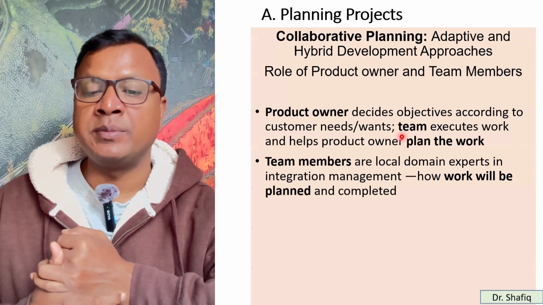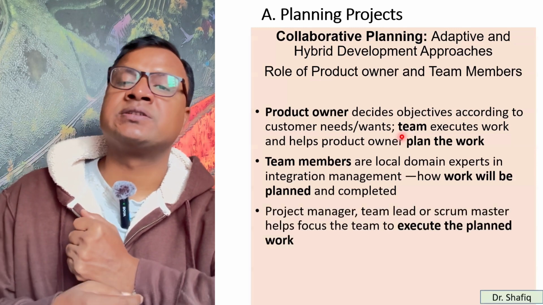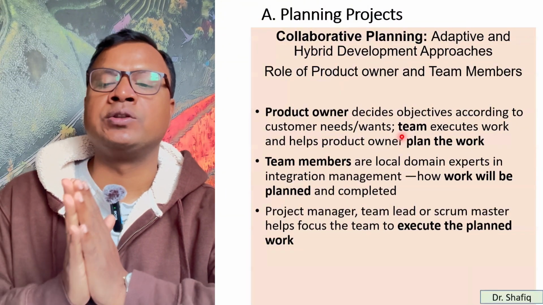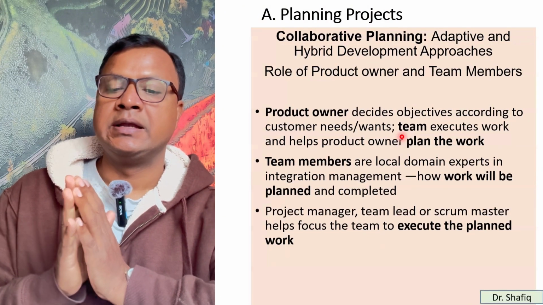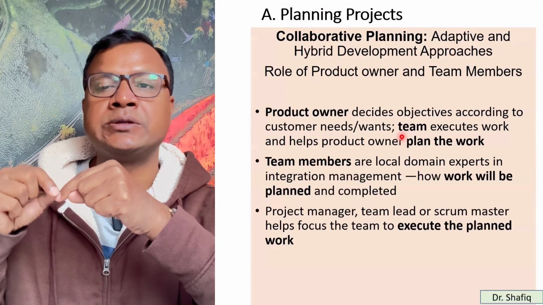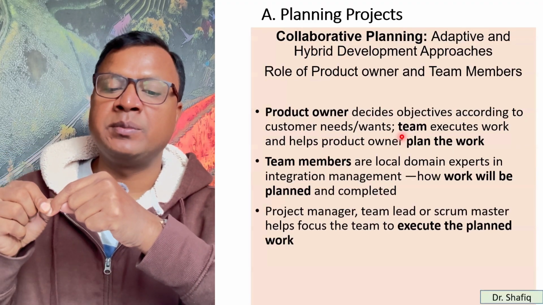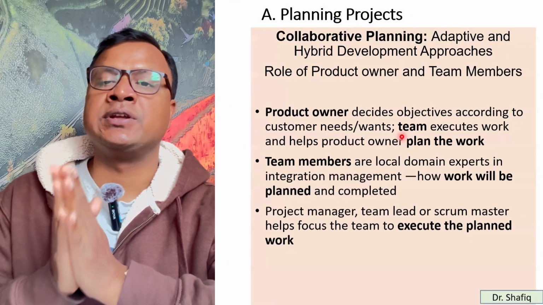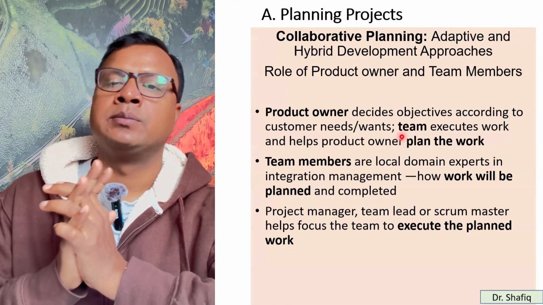The project manager, team lead or scrum master focus on the team to execute the planned work. So the team implements or executes the work, and the project manager, team lead or scrum master fully focus on the team to implement the project.